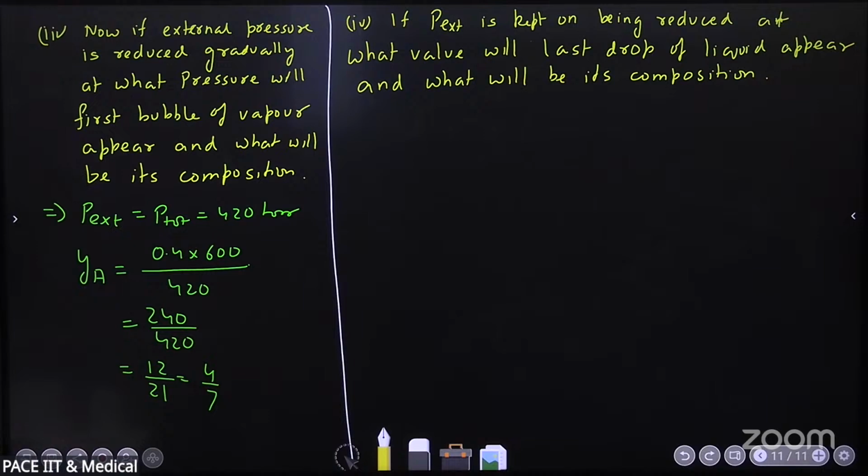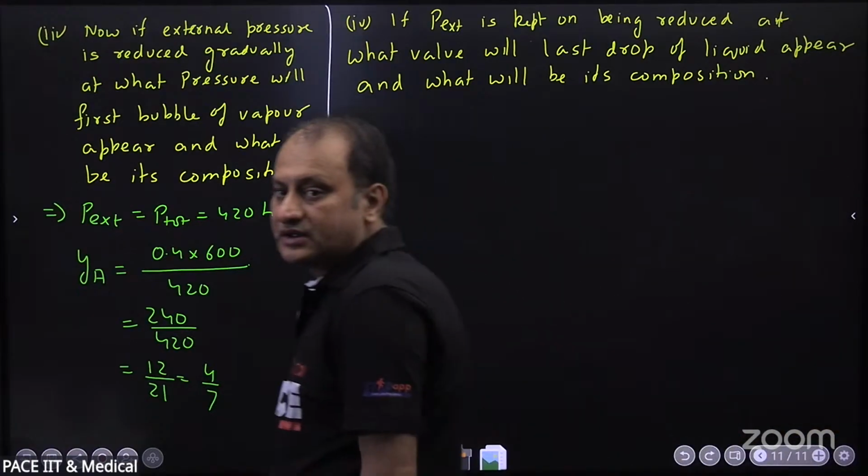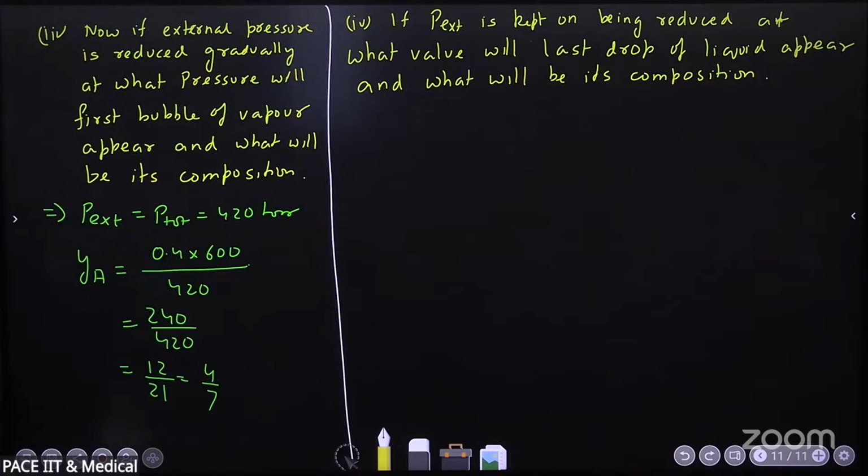Only one small drop of liquid is left. This situation will occur at what external pressure? Okay. And also you have to find what will be the composition of that last drop of liquid.